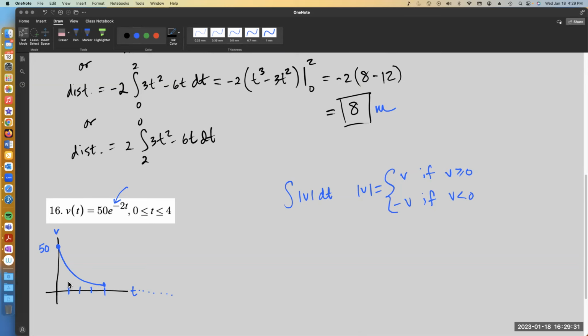This velocity is always positive. And if the velocity is always positive, that means the motion is always to the right. So we can cut to the chase: the displacement will equal the distance traveled, and that will equal the integral from 0 to 4 of 50 e to the -2t dt.